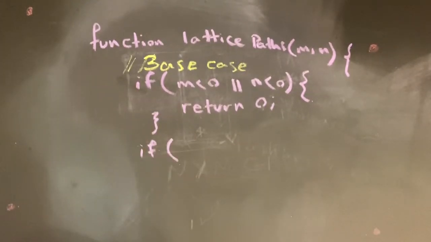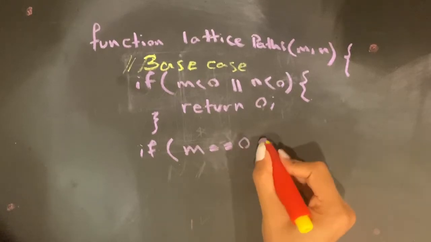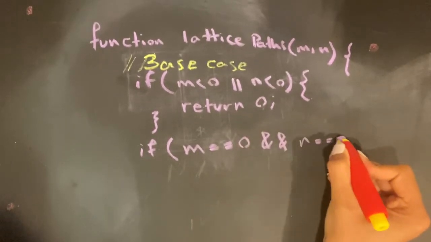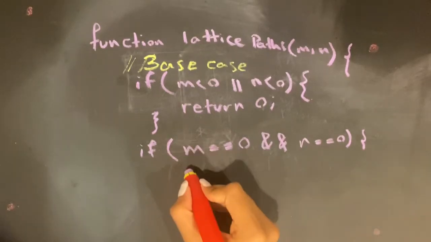The second one was when destination was reached, which was when m and n were equal to 0.